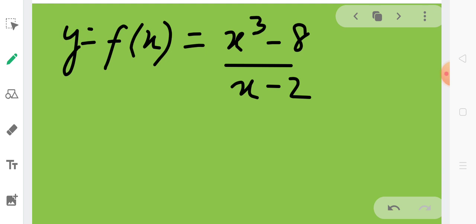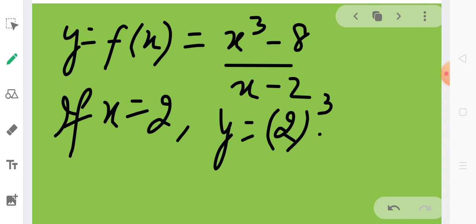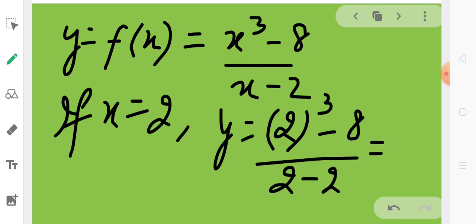When x becomes equal to 2, then the denominator will become 2 minus 2. For example, I am just doing it. If x is equal to 2, then y will be equal to (2 cube minus 8) divided by (2 minus 2), and this will become 0 by 0. Now 0 by 0 is indeterminate, that is, it cannot be defined.